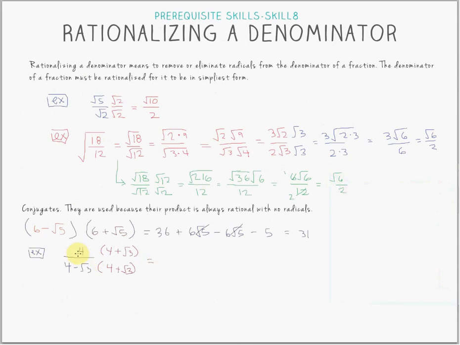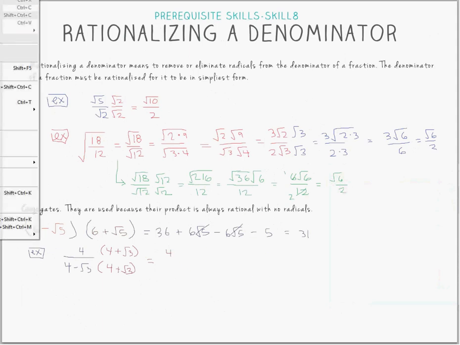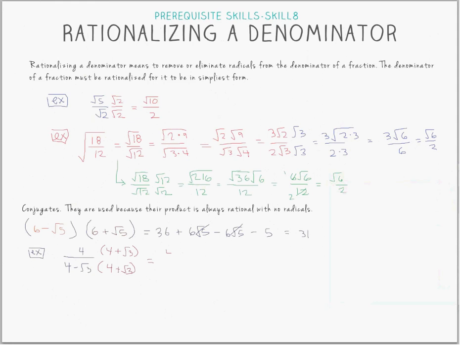Okay, so then up at the top we now have, we're going to multiply the 4 times both terms here. So 4 times 4 is 16. 4 times the square root of 3 is 4 square roots of 3. And then here we need to make sure we FOIL everything out.